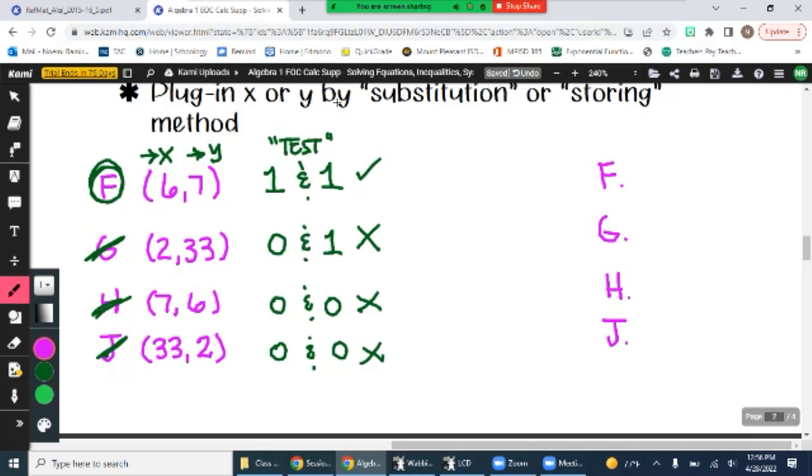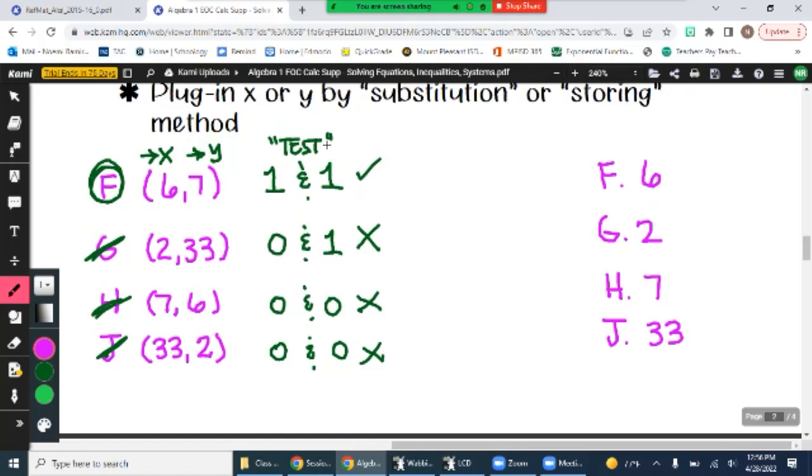So there are some questions where they only give you one of the numbers, 6, 2, 7, 33. And we already know that the first one is our correct answer, so it's not going to take long to go through this. But it'll ask you, what is the value of X?